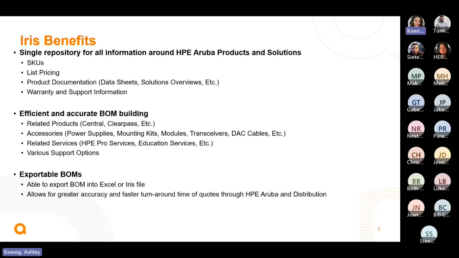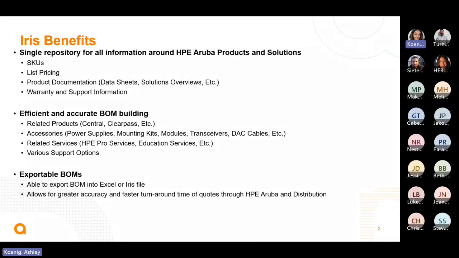You'll have access to the SKUs, the list pricing. There will be a lot of information around actual hardware and software. You'll see the data sheets in there. You'll have access to the warranty information, the support information. You can build custom configs, and when you're doing that, you'll be able to choose what additional products are needed as far as accessories, the cabling, the mounting.